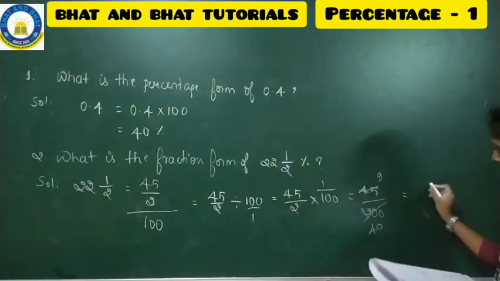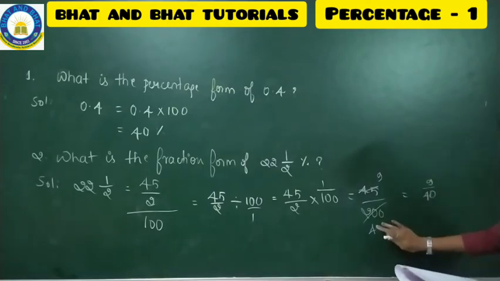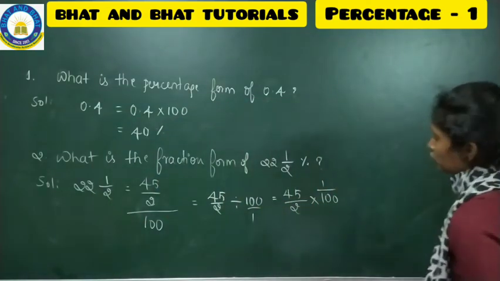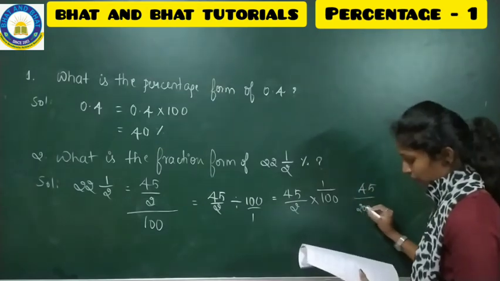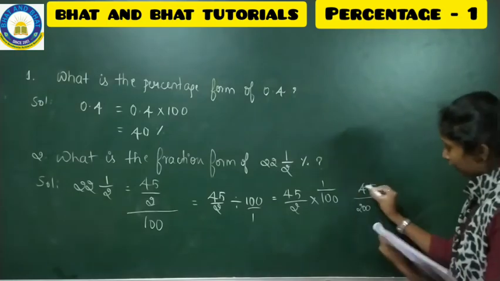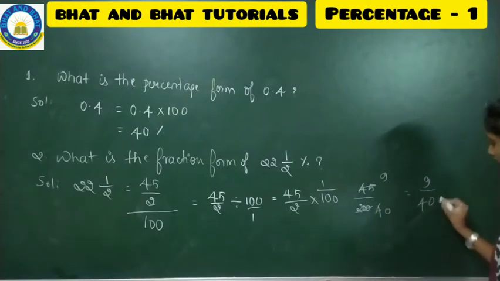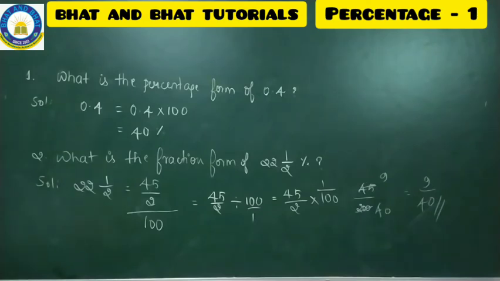So now 45 into 1 is 45, here I have got 200. So now this is 5 nines are 45, and here it is 40. So it is 9 by 40. Make a note of these two problems now. So fine, hope you all copied these two problems.